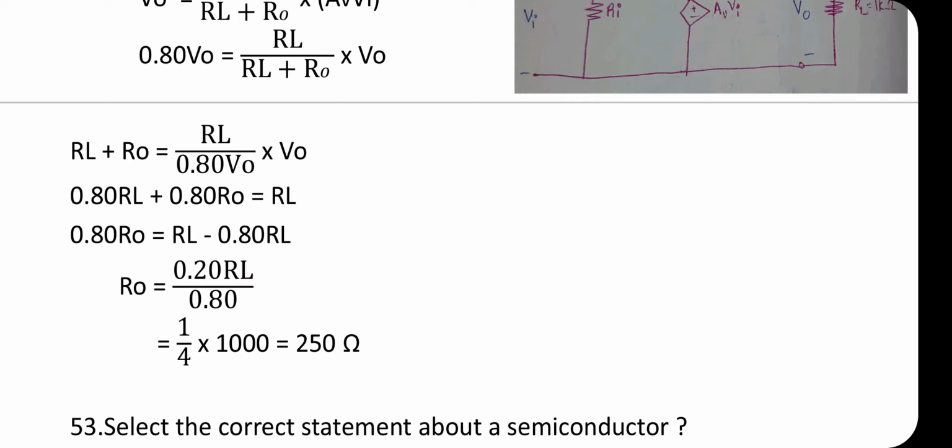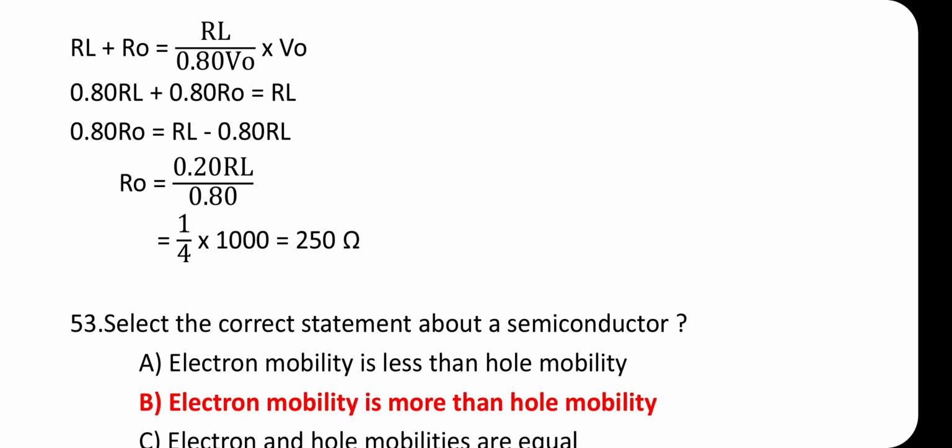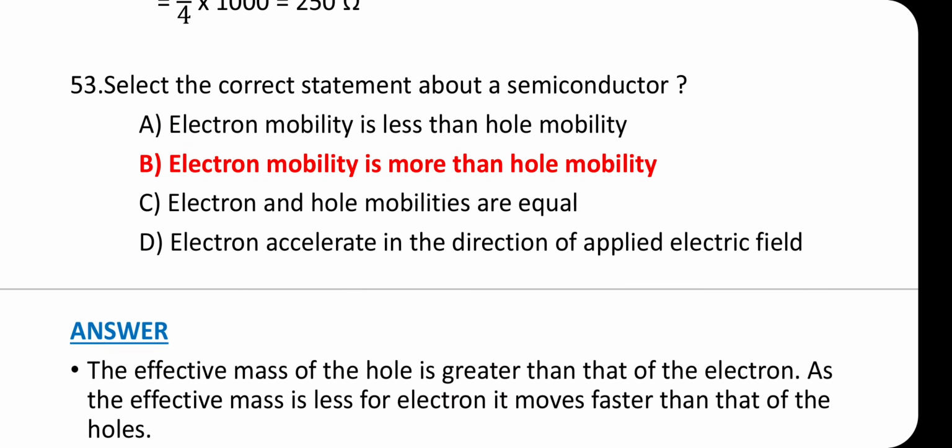By rearranging, we get RL plus R0 equal to RL by 0.80 V0 into V0. That is 0.80 RL plus 0.80 R0 equal to RL. After solving, we get R0 equal to 250 ohm.